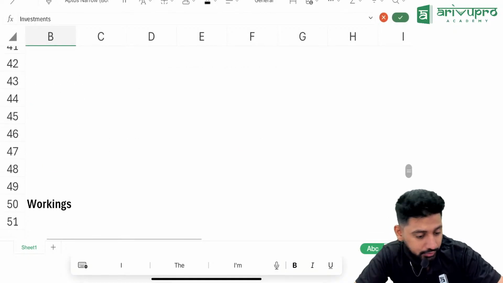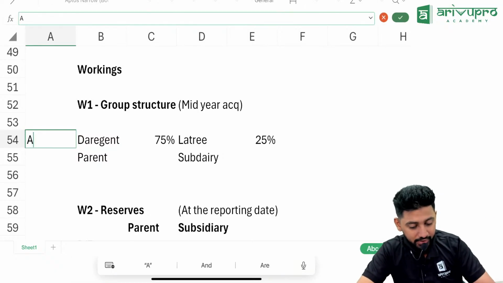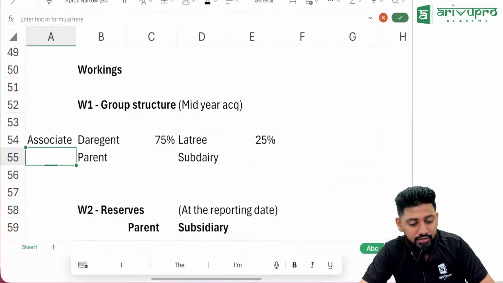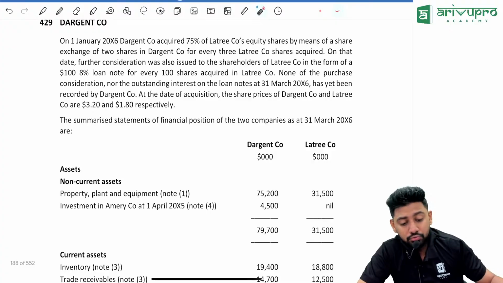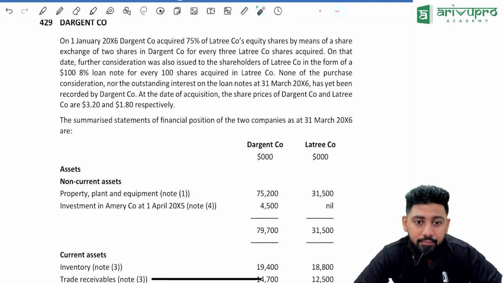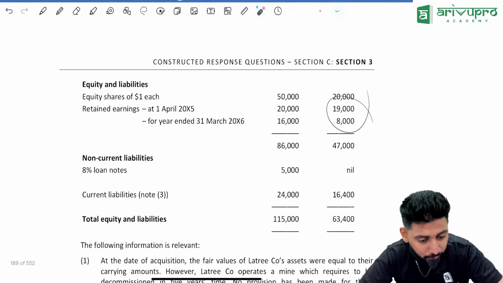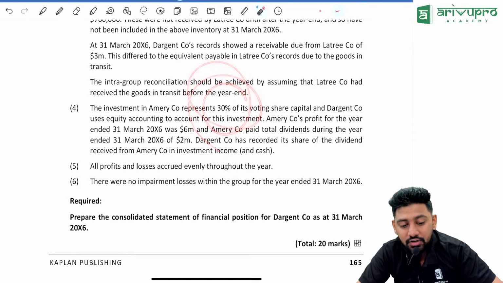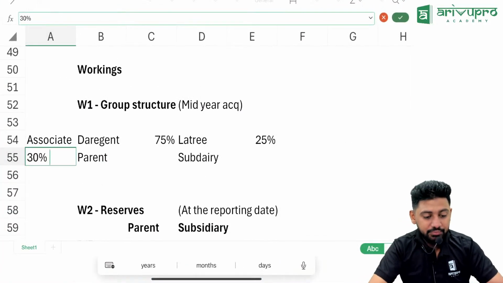I'm not sure what percentage the associate is, but I'm sure note 4 would tell me. If you really want to, you can at this point go to note 4. Note 4 says the investment in A represents 30% of the voting share capital. So very simple, I can say associate 30%, done and dusted.